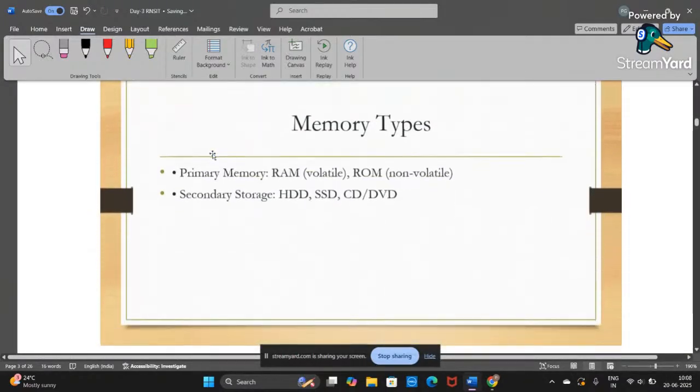Memory type: primary memory. RAM is volatile, ROM is non-volatile. So, what do you mean by volatile? This means data is lost when power is off. This is called volatile. So, RAM is a volatile memory.